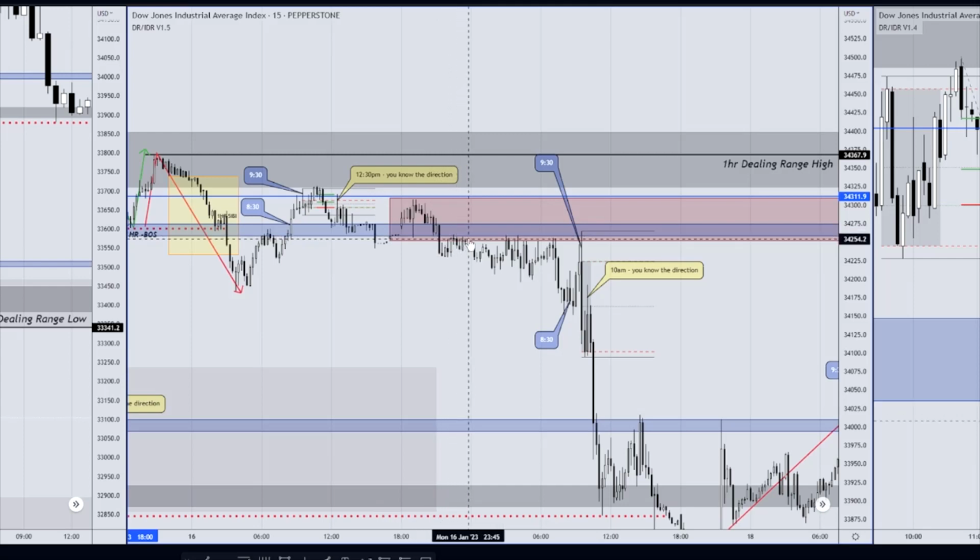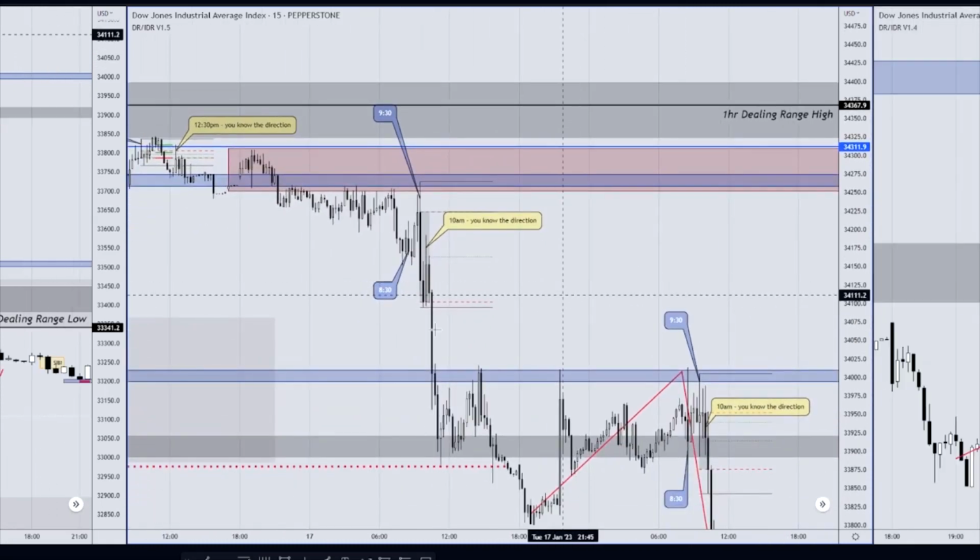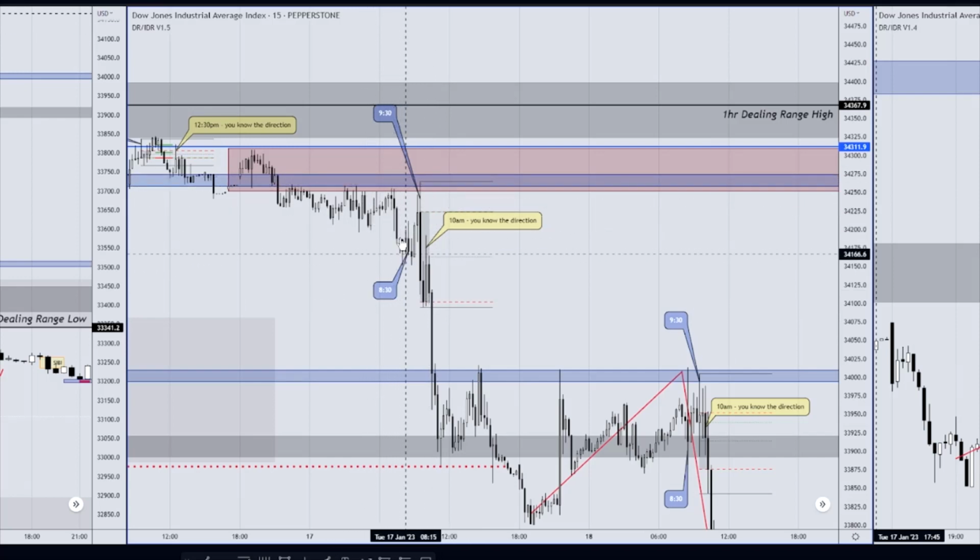And this area here is respected. External range here, internal range here. So price would have come down, where are we, 8 o'clock. This is the 10 o'clock candle.